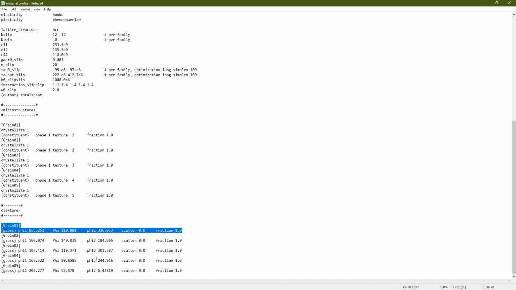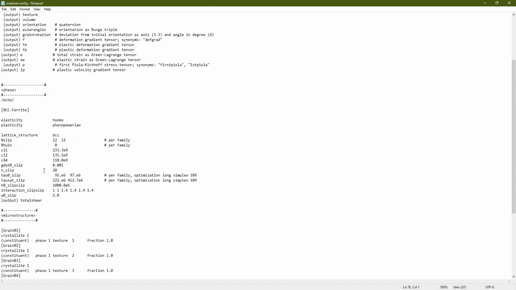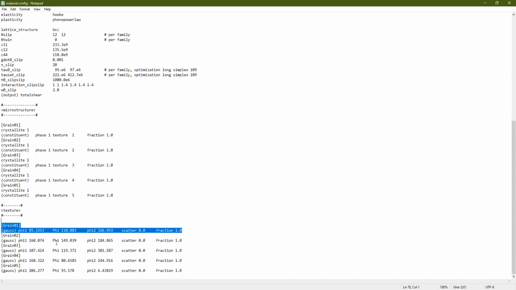Now the good thing is you mostly do not have to write these files yourself. You will get these blocks. What the phase information is here, we will talk about later. Usually you get this information from DAMASK libraries, from people who have already published their work and so on. When you construct a geometry, it automatically creates this.